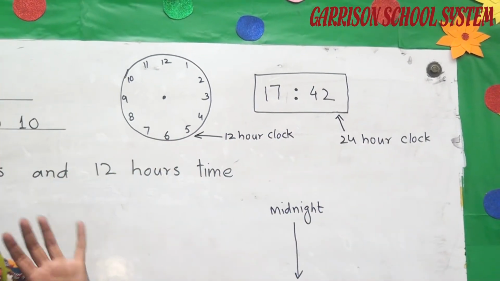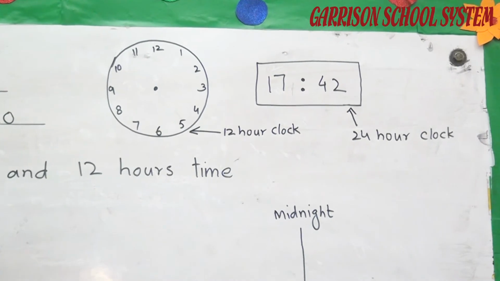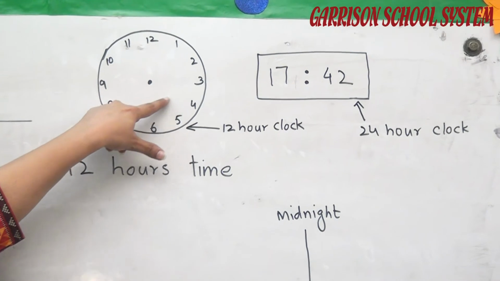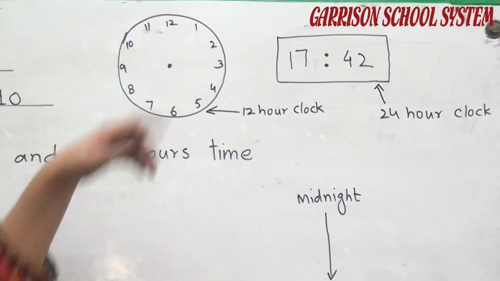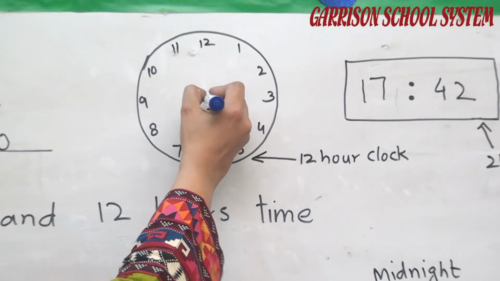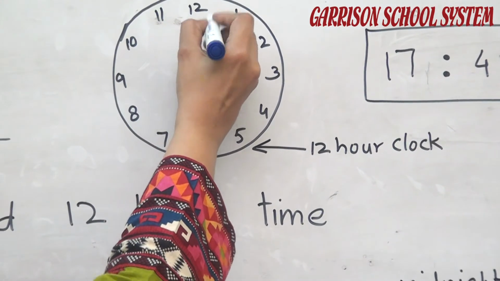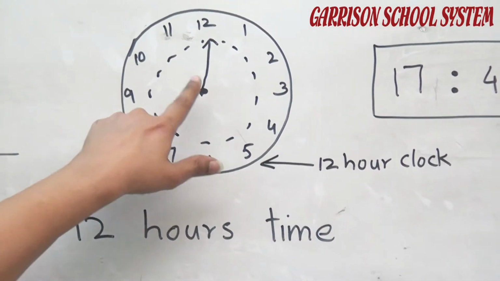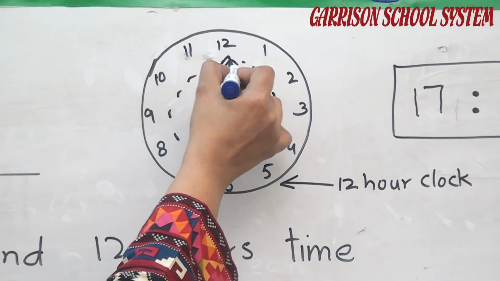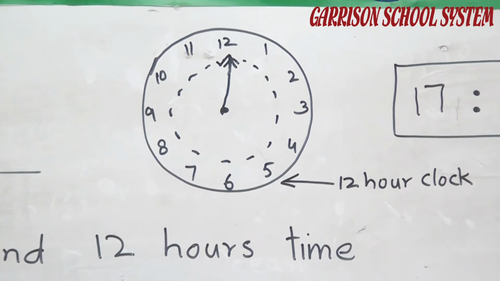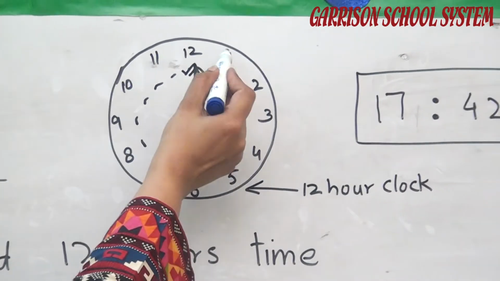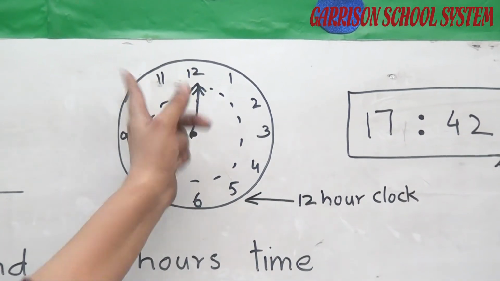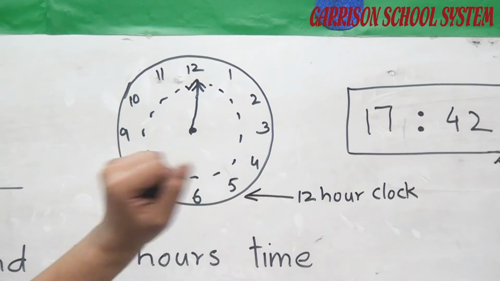The difference between them is just this: when the minute hand completes one circle and reaches 12, the 12-hour clock resets and starts counting again from 1, 2, 3, 4, 5, 6, 7, 8, 9, 10, 11, 12, and then again 1, 2, 3.